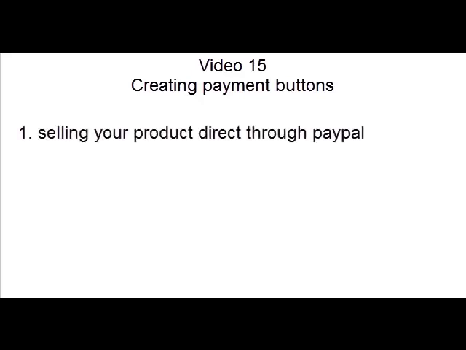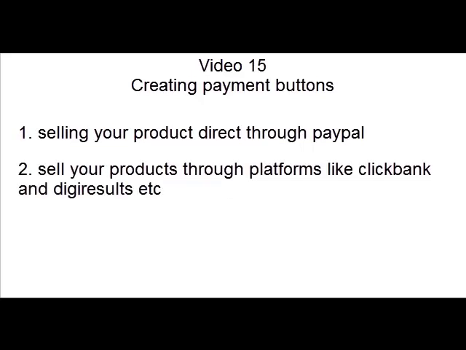Now if you remember, one of the things I said to you in a previous video is that when it comes to selling something online, you have two choices. You can either use PayPal direct, or you can upload your product onto some type of an affiliate platform, somewhere like ClickBank or DigiResults, JVZoo or Warrior Plus, someone like that.